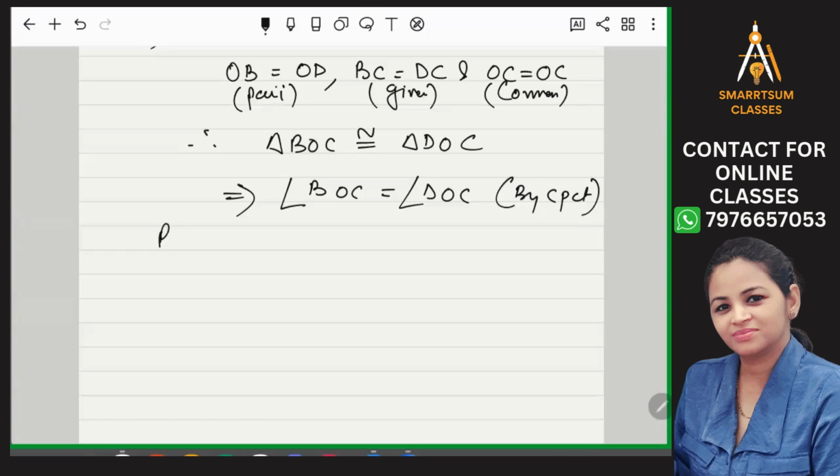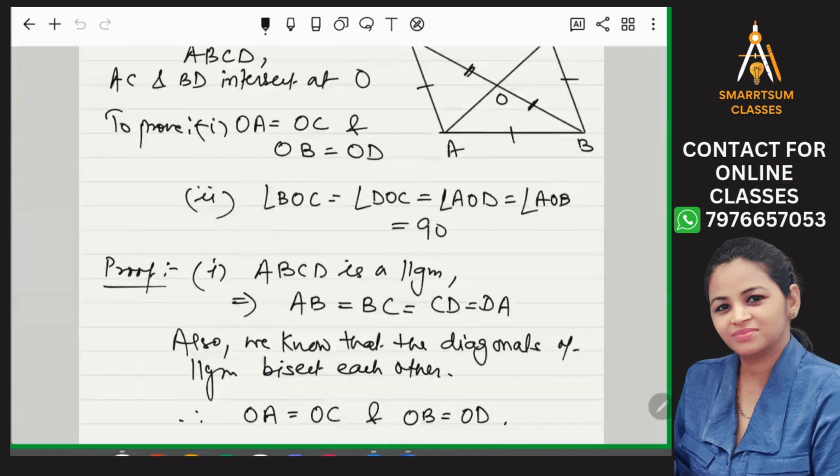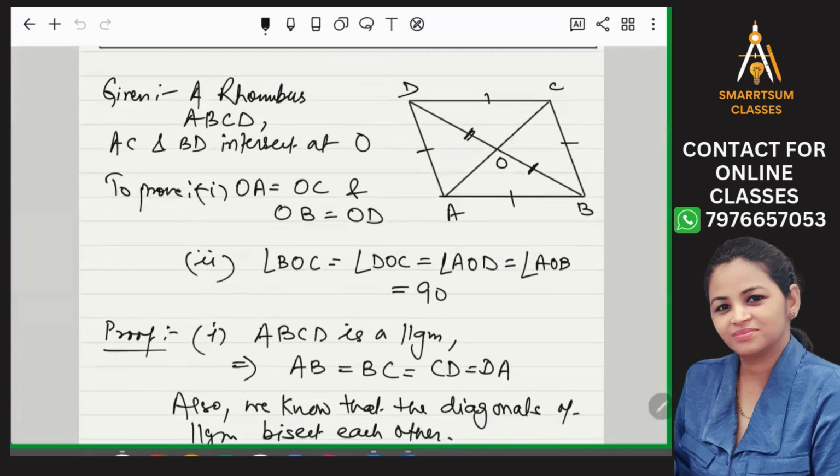But we know that angle BOC and angle DOC are making a linear pair too. Their sum is 180 degrees. We have proved that this is equal to this, and they are a linear pair also, both angles on the same line at the same point.